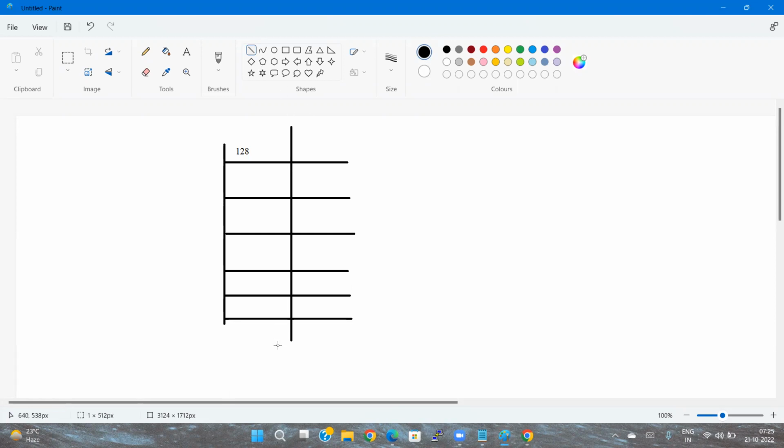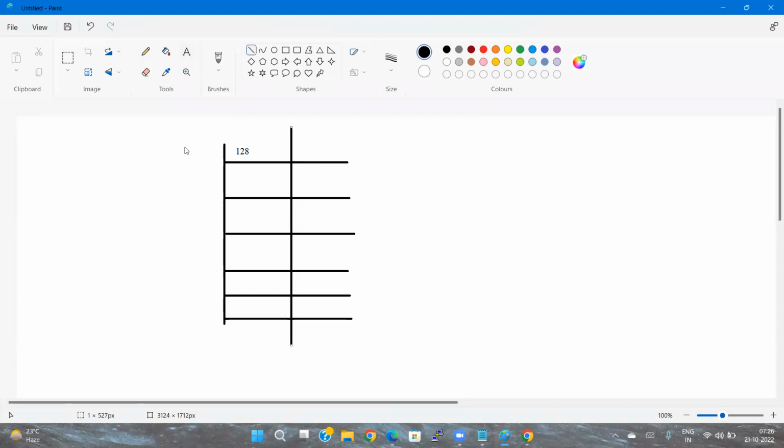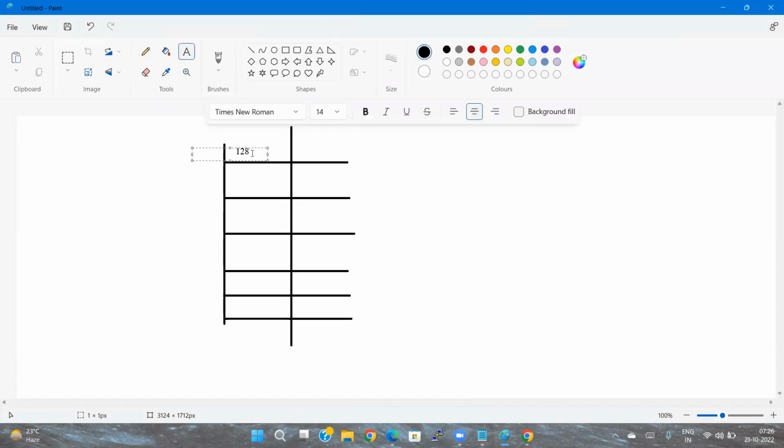So this number, 128, is in the decimal number system format, and I want to convert this decimal number into binary. Exactly. So here you have to divide this 128 by 2. Why do I have to divide 128 by 2? Why can't it be any other number?